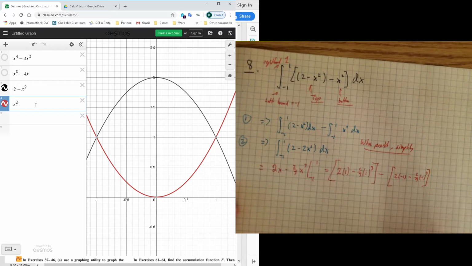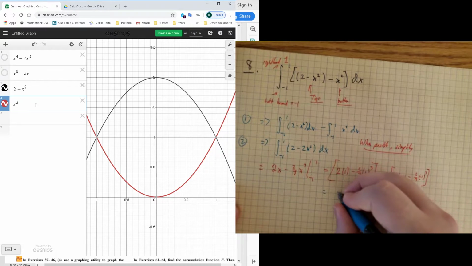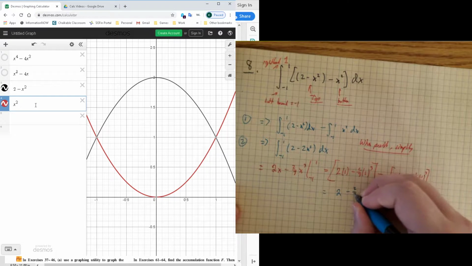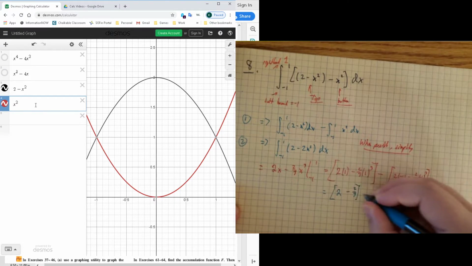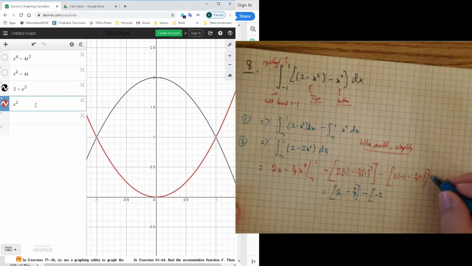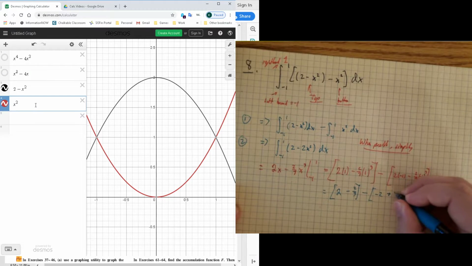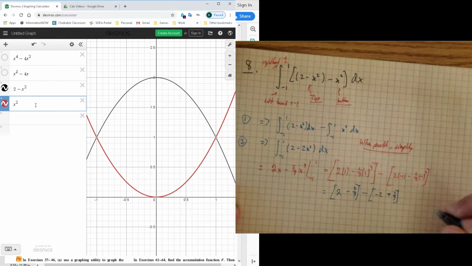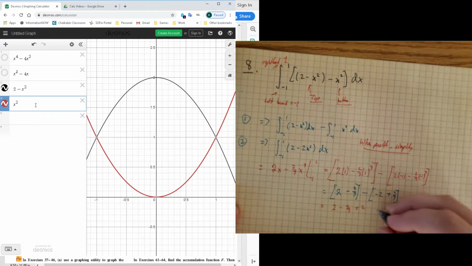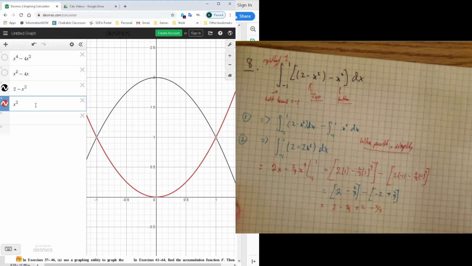And from here, I can start to simplify some stuff. So 2 times 1 is 2, minus 1 cubed is 1, times 2/3 is 2/3. Minus 2 times -1 would be -2. -1 cubed is -1, times -2/3 would become positive 2/3. We can then distribute the negative signs, giving me 2 minus 2/3 plus 2 minus 2/3.